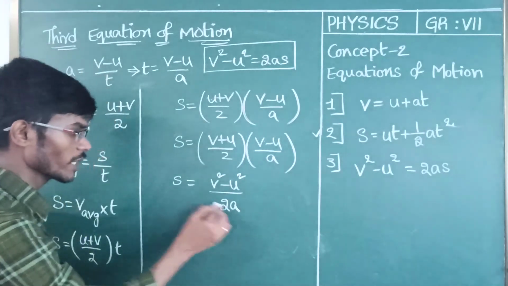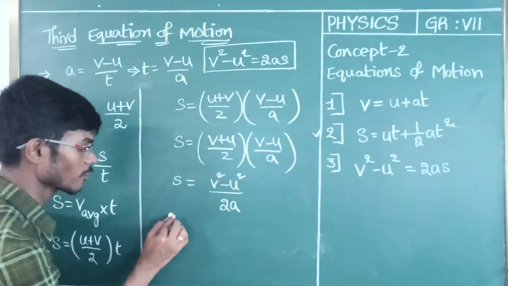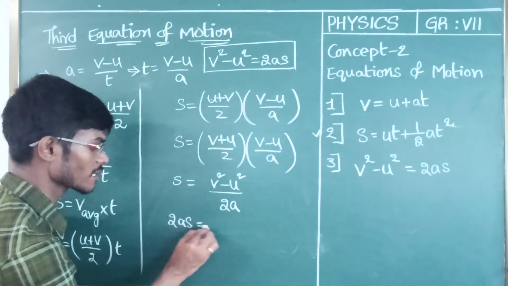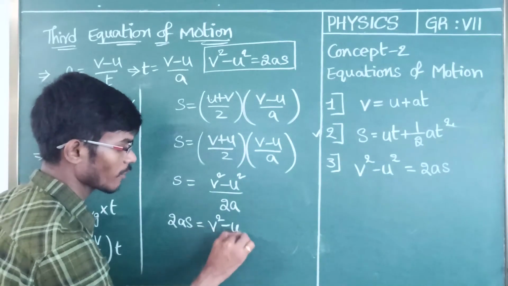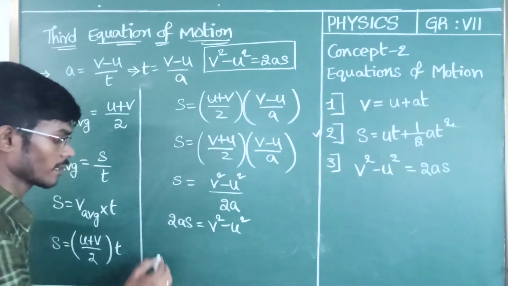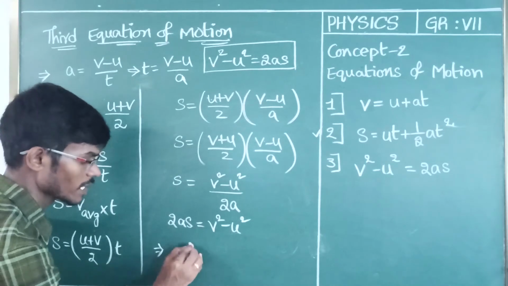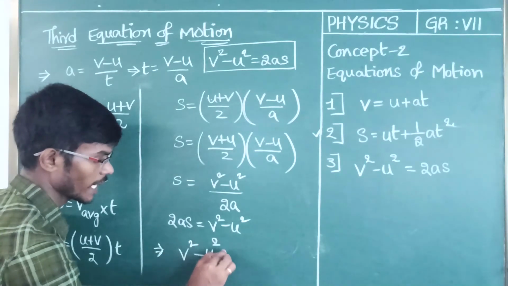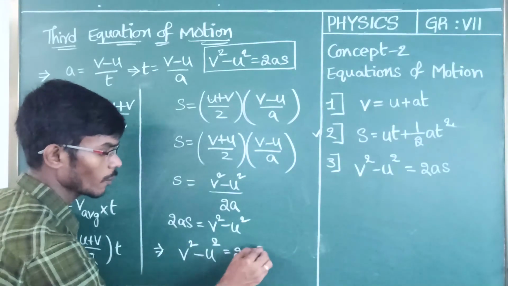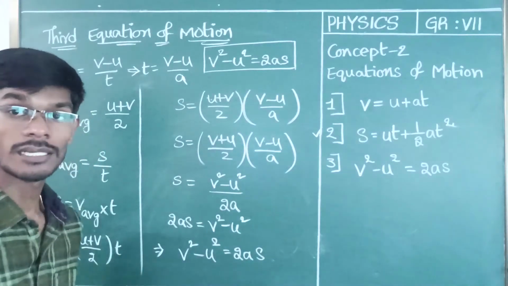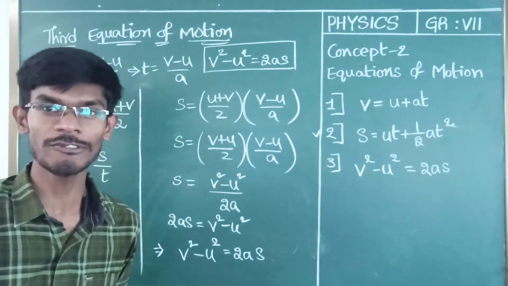Then if you send this 2A to LHS side, 2 into A into S is equal to V square minus U square. And rewrite this one: V square minus U square is equal to 2AS. This is the third equation of motion.